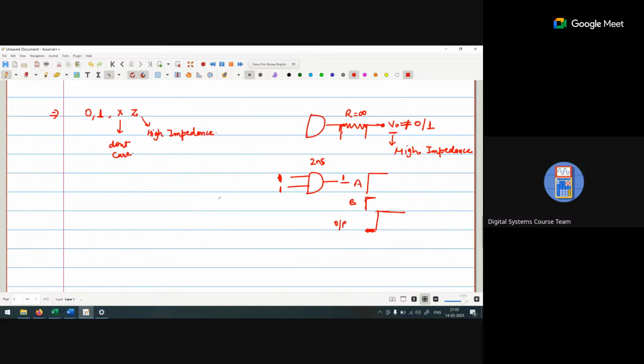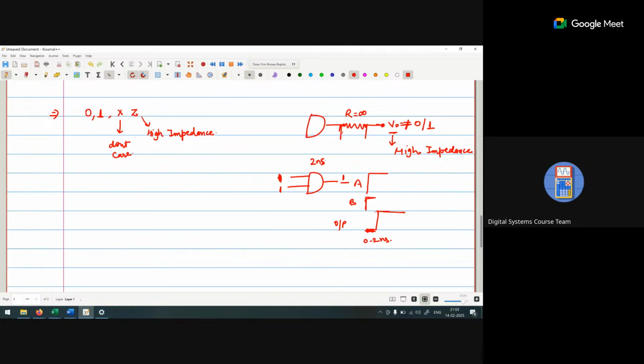Now between 0 and 2 nanoseconds, what is the output? That is not considerable. Why? Because this 2 nanoseconds is the delay provided by the gate. So we can say the verified output is received after 2 nanoseconds, because the gate takes some delay. But between 0 and 2, there may be some output.